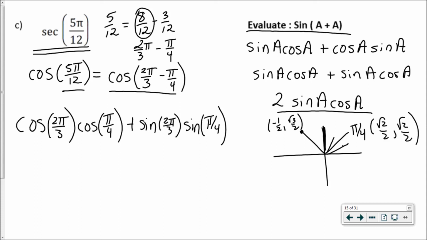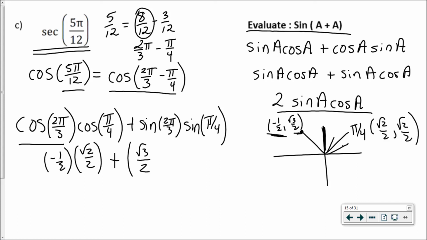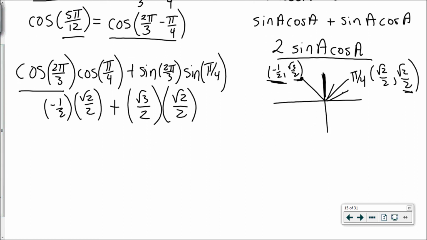So the cosine of 2 pi over 3, this here is the x value, so that's -1/2, times cosine of pi over 4, that's root 2 on 2, plus sine of 2 pi over 3, that's root 3 on 2, that's this one, the sine, and the sine of our other guy, root 2 on 2 as well. And now I'm just going to do the multiplication.